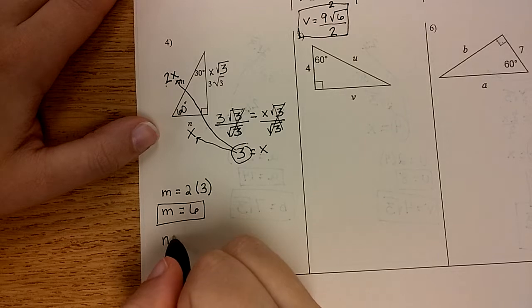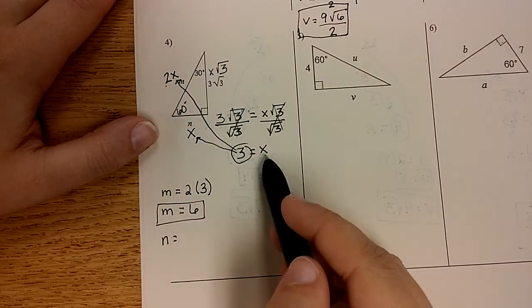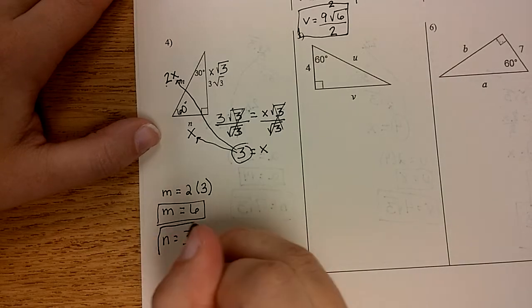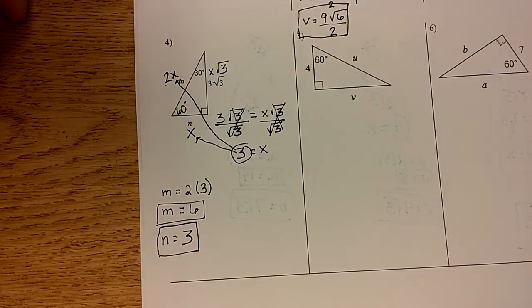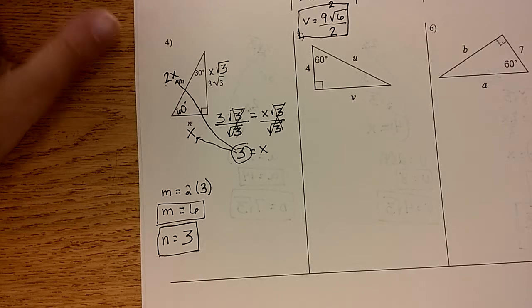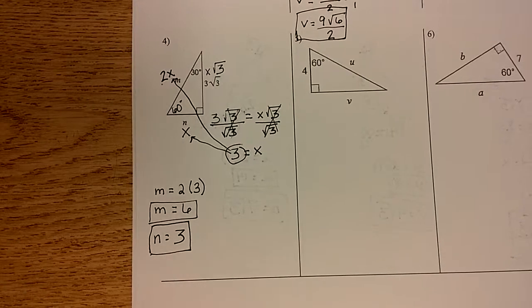Side n, the label is just x. So if x is 3, that means that side is just 3. You have to practice these. You have to practice labeling, setting it equal, and plugging it in. All right, follow the 4 steps, and you should be able to be successful in these problems.